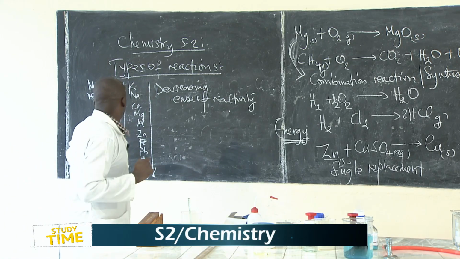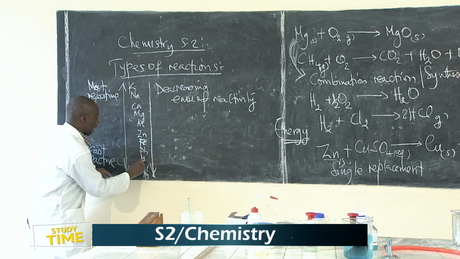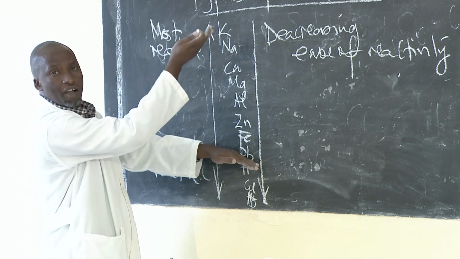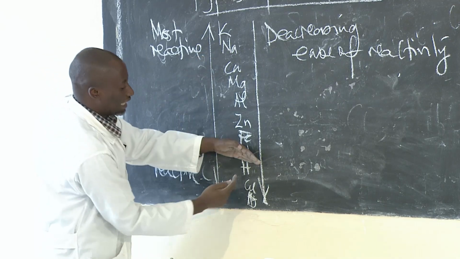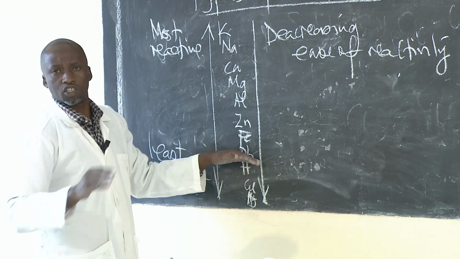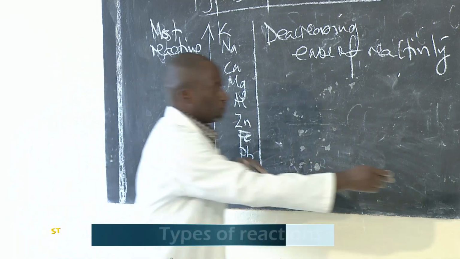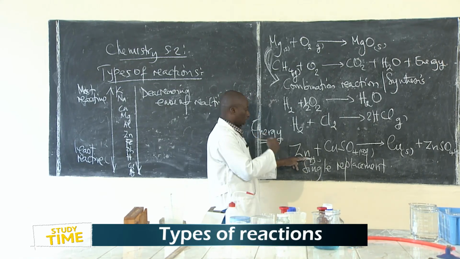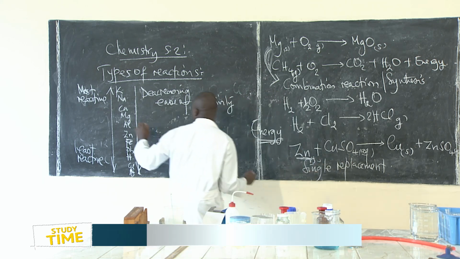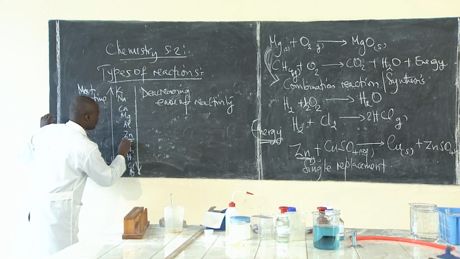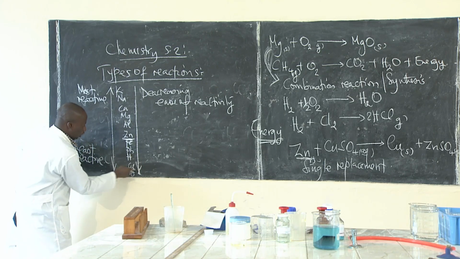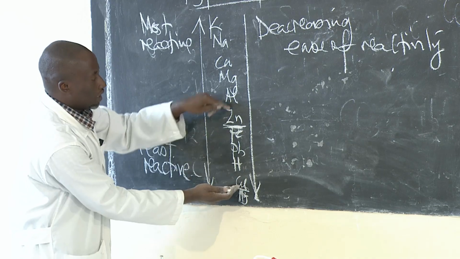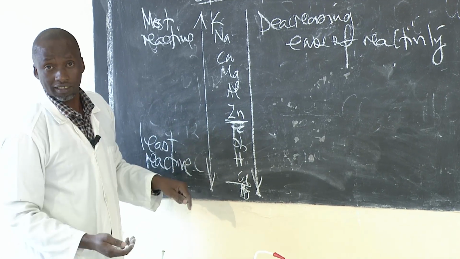It means that any metal above hydrogen can displace it from any acid solution. If I use zinc and copper as an example, zinc is more reactive than copper, and therefore this reaction can take place.